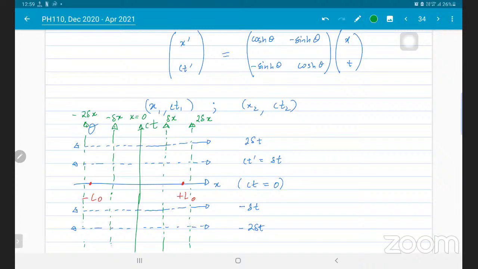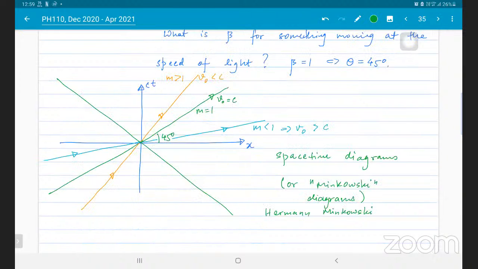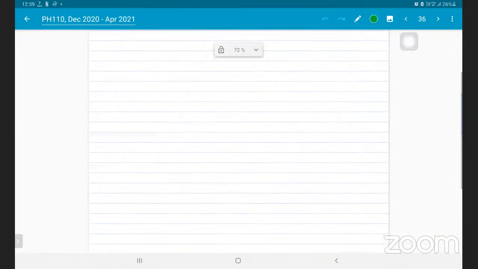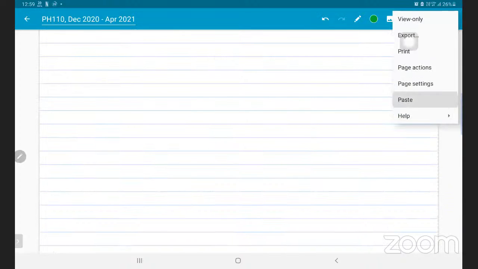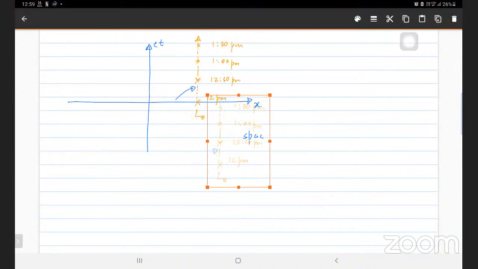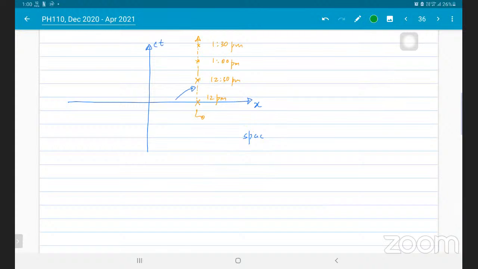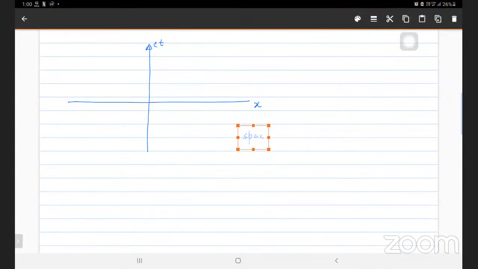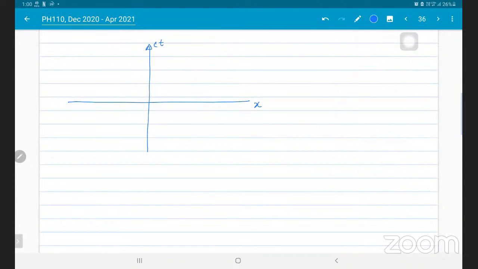Now let us come back to this picture, now that we know what these lines represent. Let me come back to the situation that I had earlier, which was that you have two objects located at equal displacements from the origin on a surface of constant time.